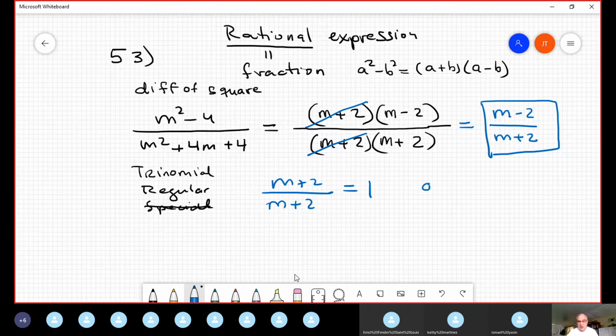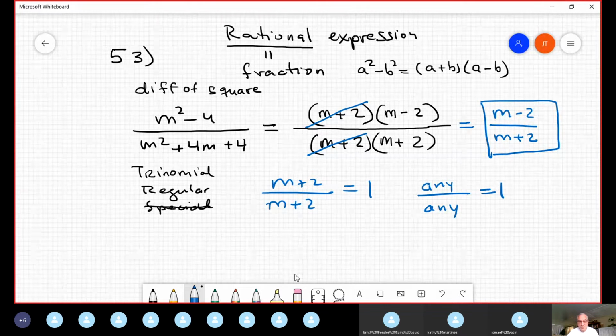Any expression divided by itself is 1, and 1 is an invisible multiplier. That is the reason I can simplify. Delete totally. I don't care about this part. Do you understand this idea for the simplification very well?